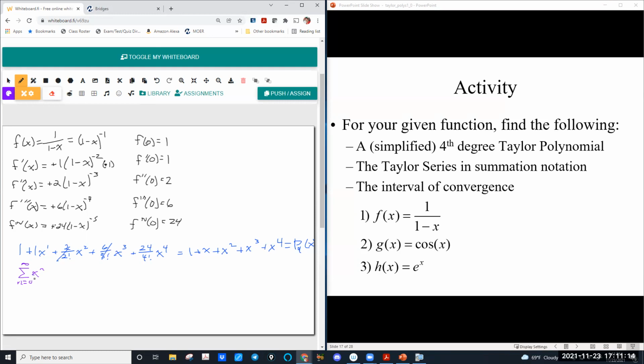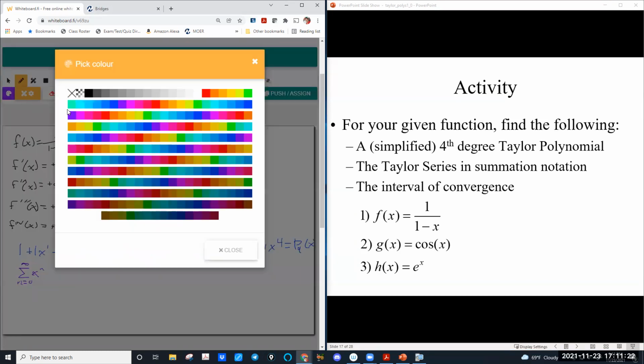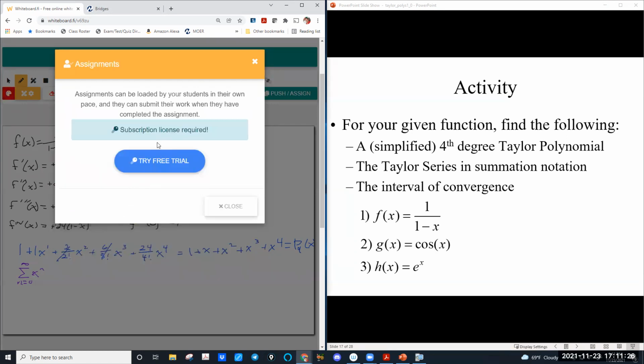Now, we want it in this closed form so we can do the interval of convergence. As we saw last time, the interval of convergence basically means we want to apply our ratio test.